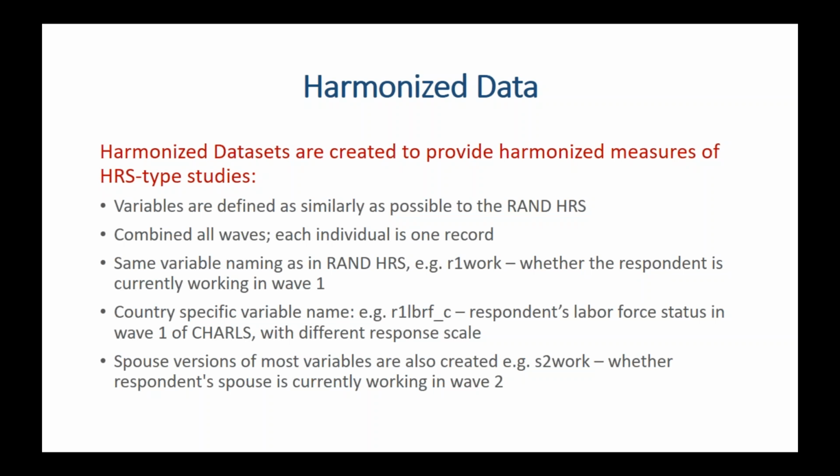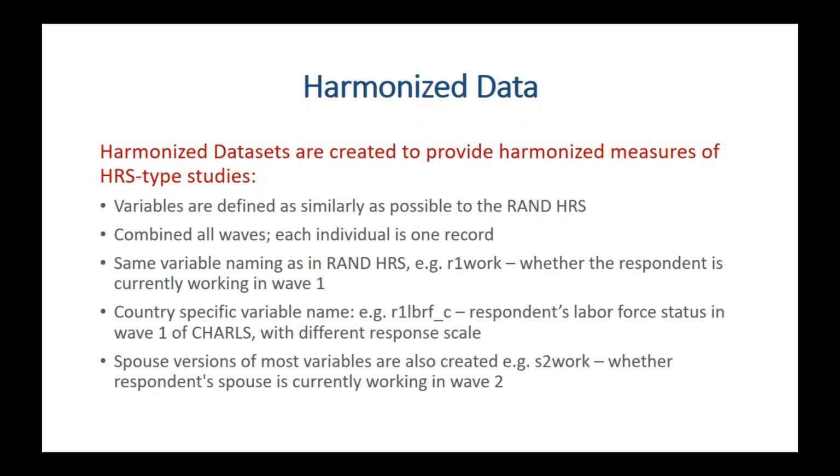The RAND HRS is a version of the data set, just like all of our harmonized data sets, where all the waves are combined and each individual is one record. This is called a FAT file, if you're familiar with that term. We use a variable naming convention, which we try to make quite simple. For instance, a variable like R1WORK is whether the respondent is currently working in wave 1.